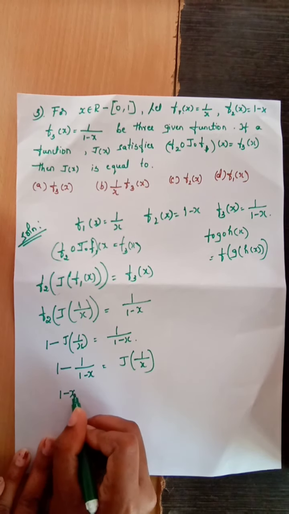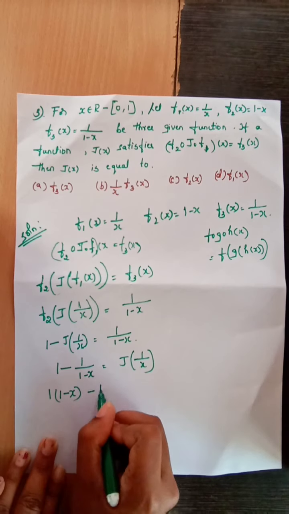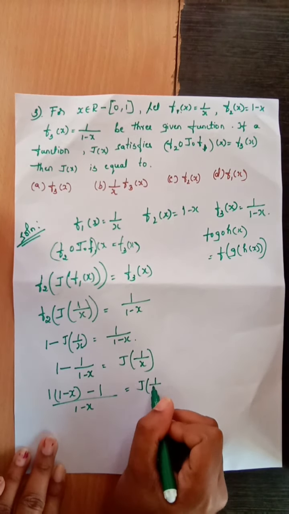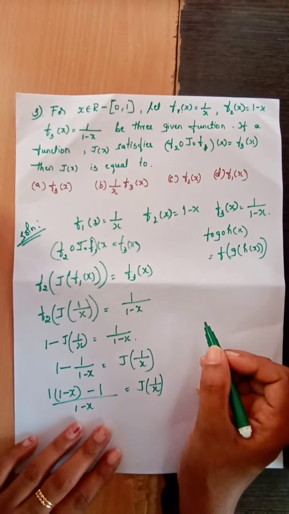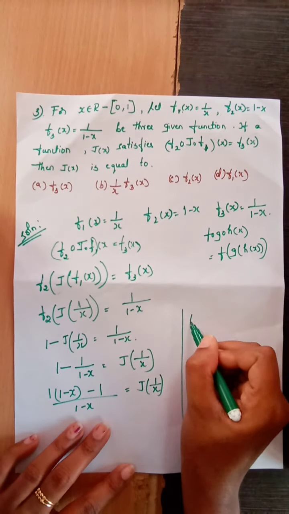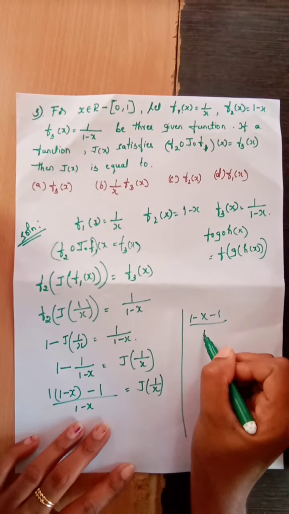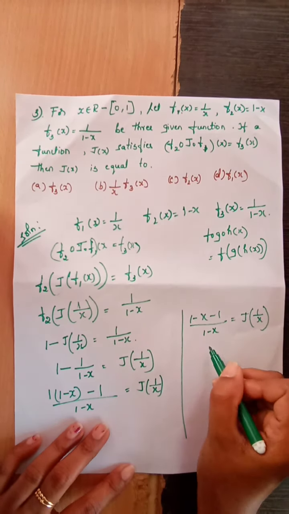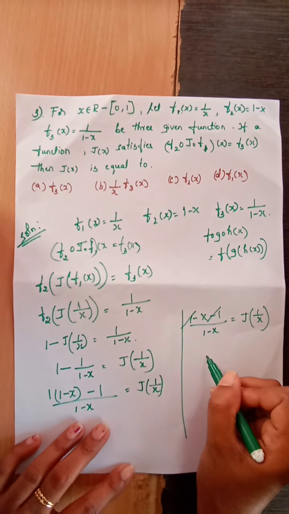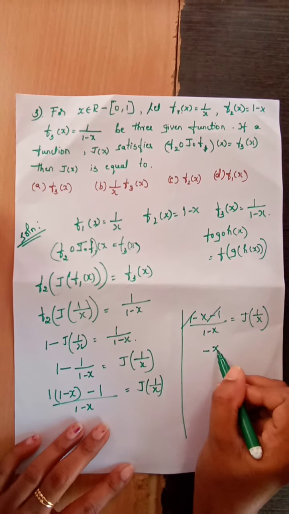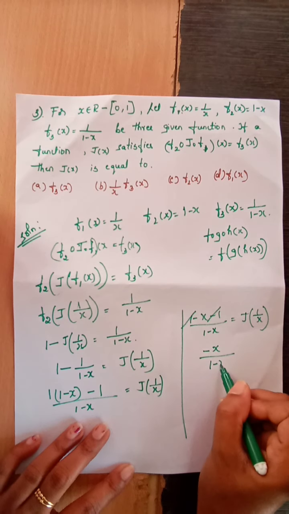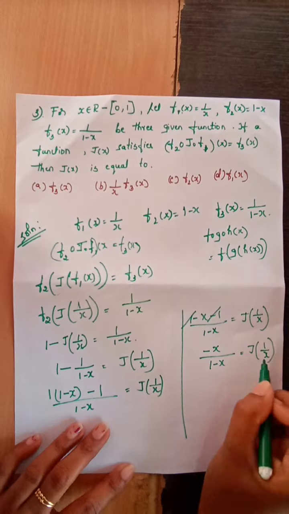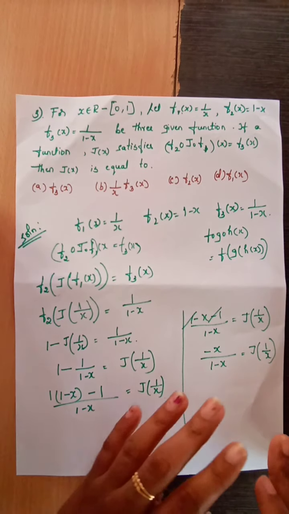So it is 1 minus x into 1 minus 1 divided by 1 minus x is equal to j of 1 by x. So that is 1 minus x minus 1 divided by 1 minus x is equal to j of 1 by x. So plus 1 minus 1 get cancelled. So we will be left with minus x divided by 1 minus x, which is equal to j of 1 by x. We got j of 1 by x.